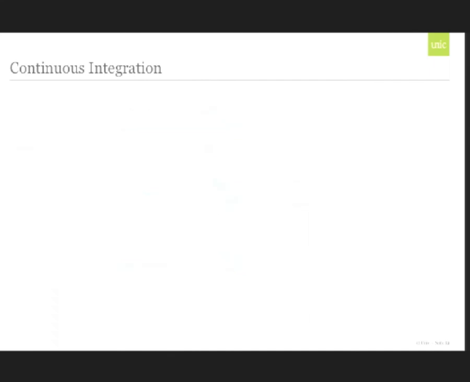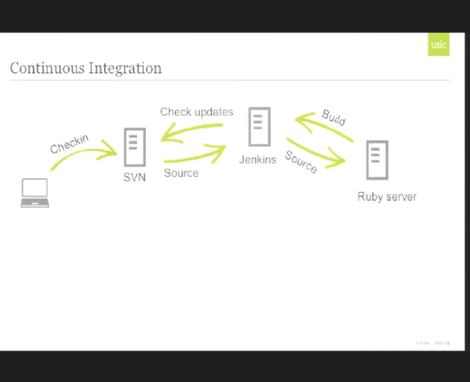So for this case, our IT installed a server, a Ruby server. And at the beginning we had nobody with real Ruby know-how, and a little bit you need. But now it's up and running, it's great. So we first check just the source into the SVN, and then the build server checks for updates and sends the source to the Ruby server.